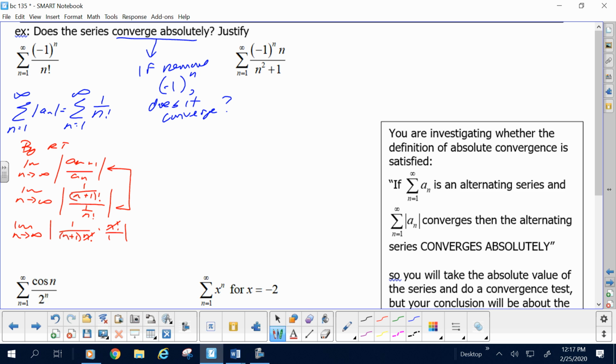And when they do, 1 over n plus 1 goes to 0, which is less than 1. Now the conclusion would be something like the alternating series converges absolutely. Or the given series converges absolutely, the original series. You follow me? All right.